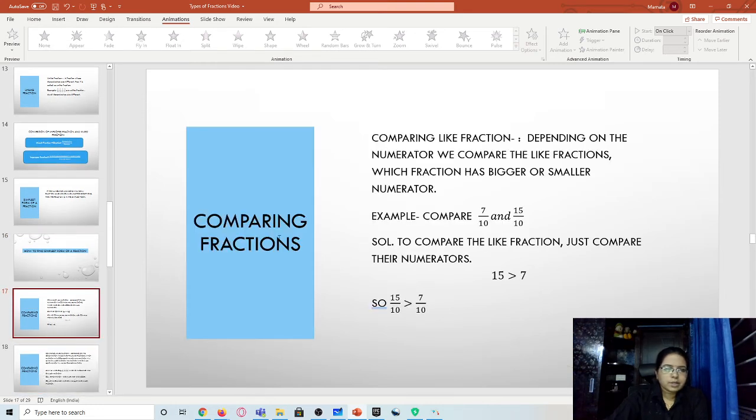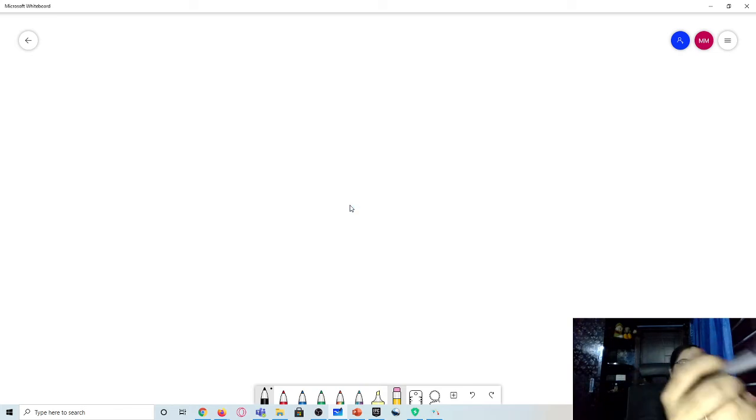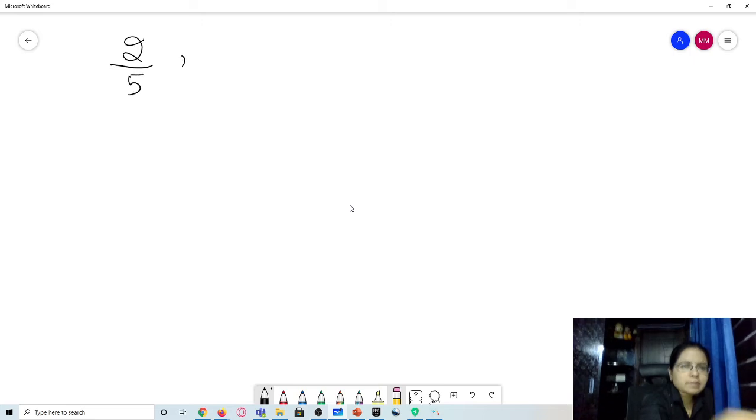Now comparing fractions. How to compare like fractions? Take 2 divided by 5 and 4 divided by 5.